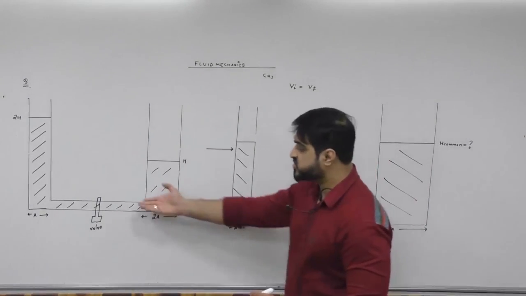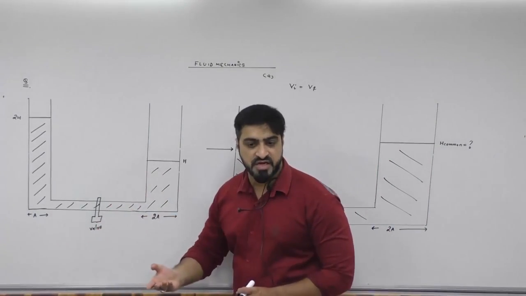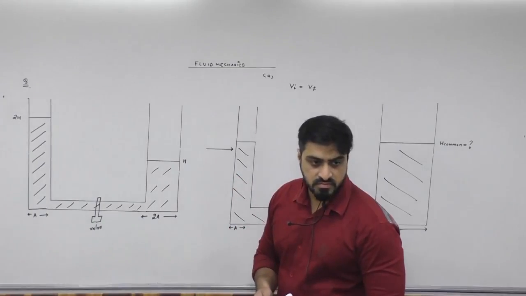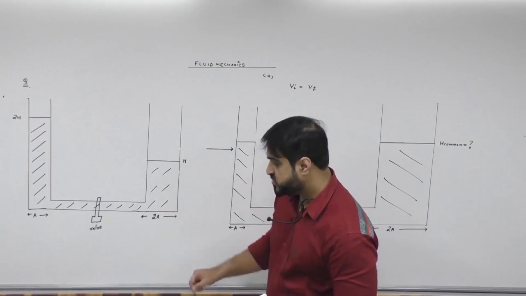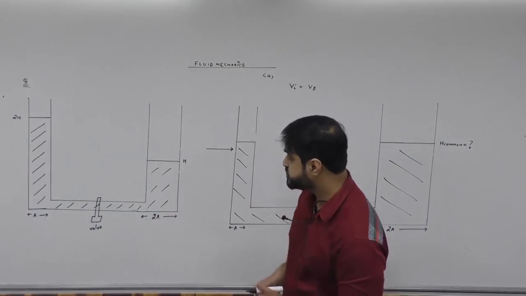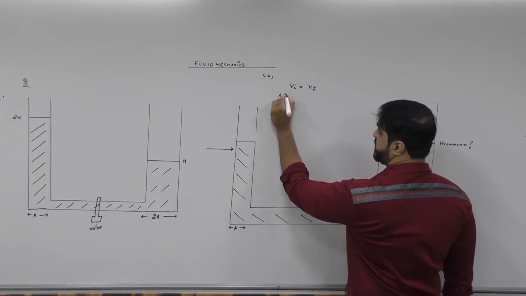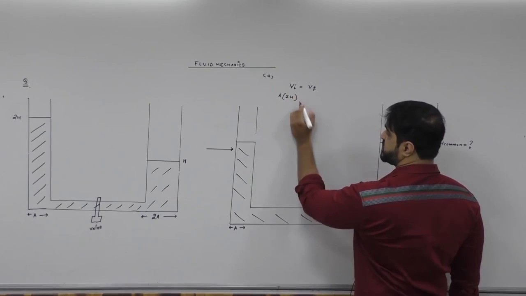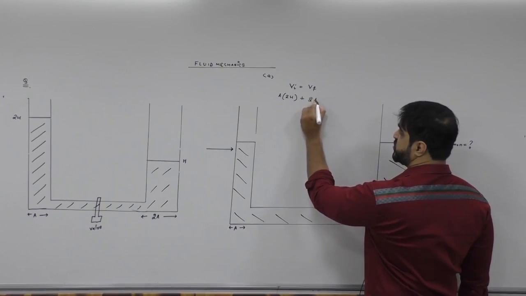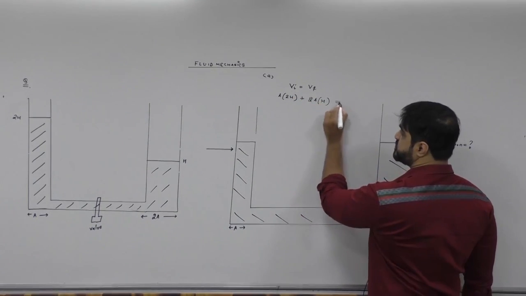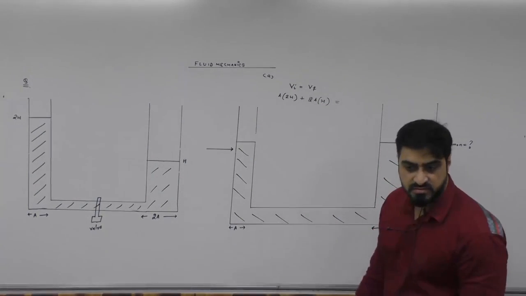If you want to take this as V, you can take this as V, but both of the sides will cancel. Over here, the volume is 2A into H. So initial volume of that side will become A into 2H plus 2A into H is the initial volume of this container.